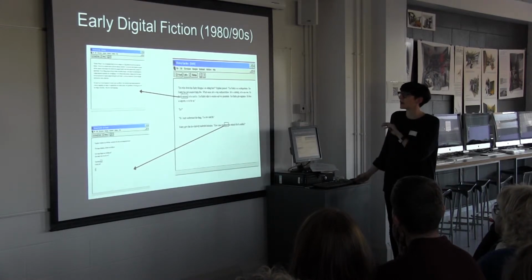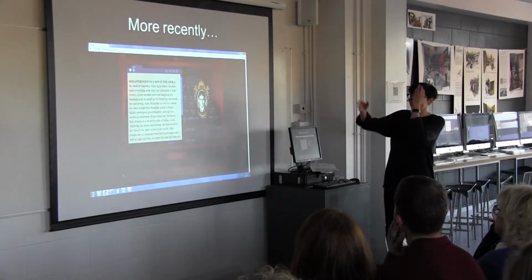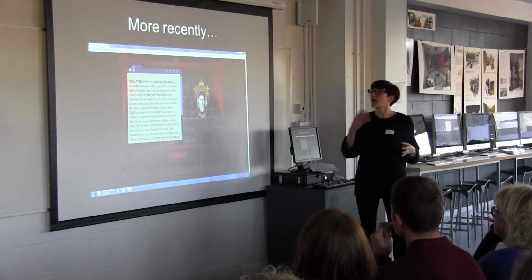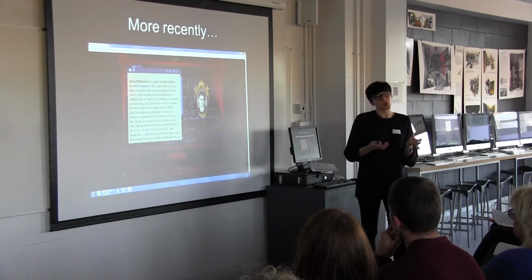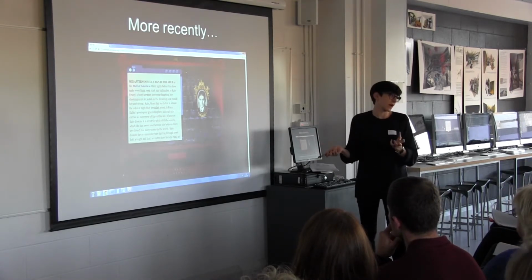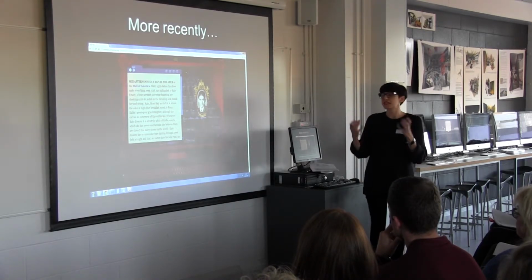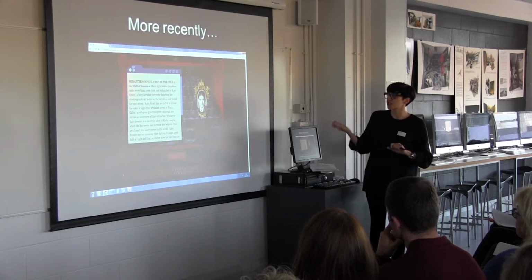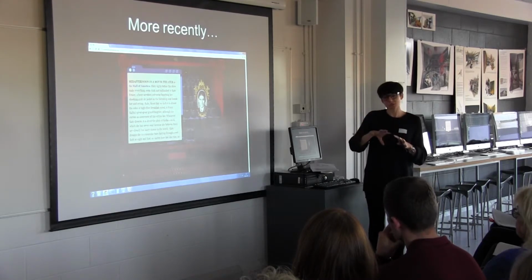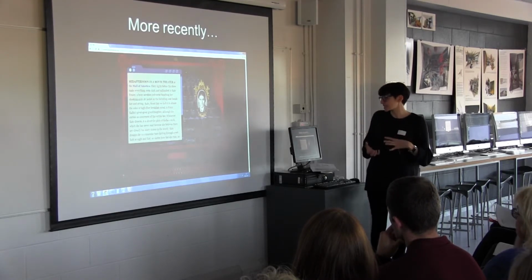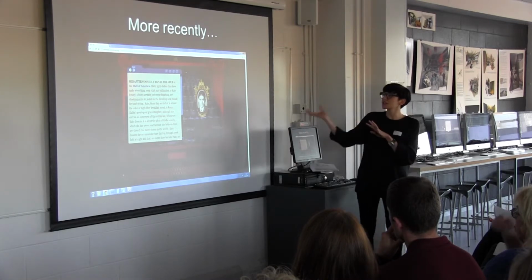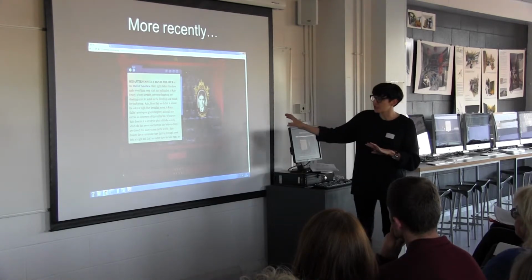Imagine or remember that. So anyway, more recently we've got the web, and digital fiction moves to using the affordances of the web. So we have more sophisticated, perhaps visually at least, examples of digital fiction. Although the original text-based ones are very structurally interesting to me. But here you can see we've got images.